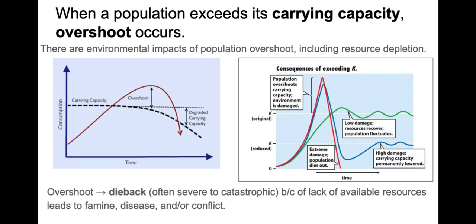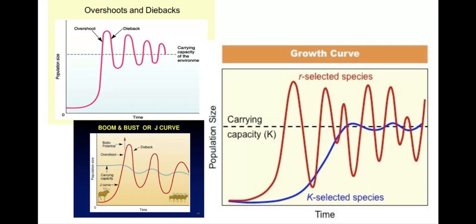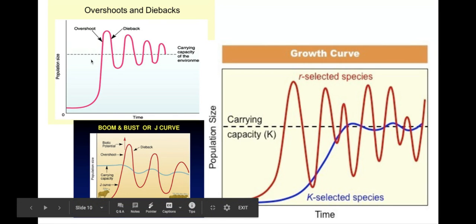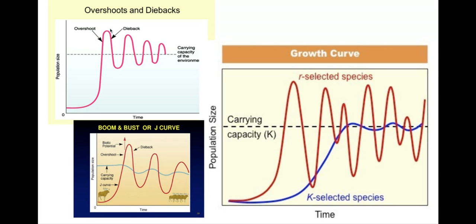However, they are common in populations. Okay, so another example of overshoots and diebacks: overshoot is when a population exceeds its carrying capacity, and dieback is when they have reached that point, they are going to decrease in numbers, and depending on how damaged the resources are, they will change or not change their carrying capacity or die back, right?